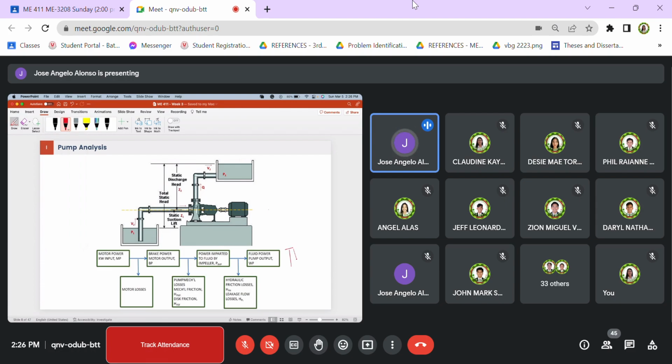So si total dynamic head can be associated with what we call the fluid power. So, mamaya makikita natin yung equation ni fluid power using the total dynamic head.